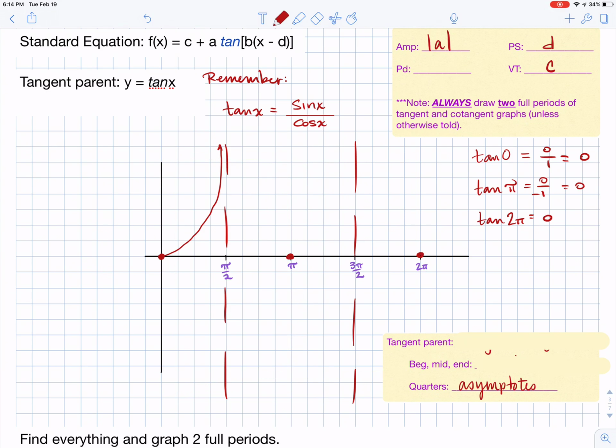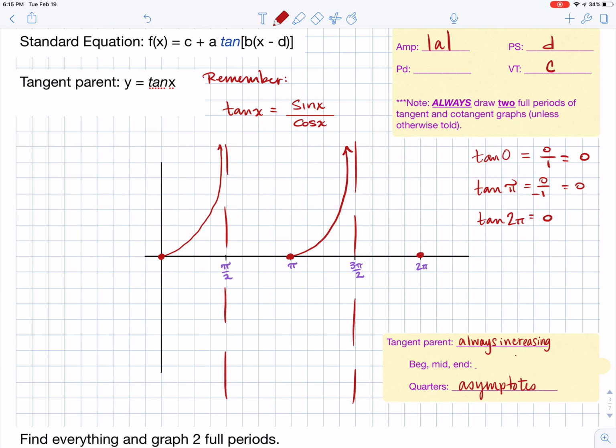And so what I want to point out is that you just drew the first part of your first period. Let's draw that exact same piece again for the beginning of my second period. Now, in order to get the second part of the period, remember I said that the tangent parent is always increasing. Tangent parent is always increasing.